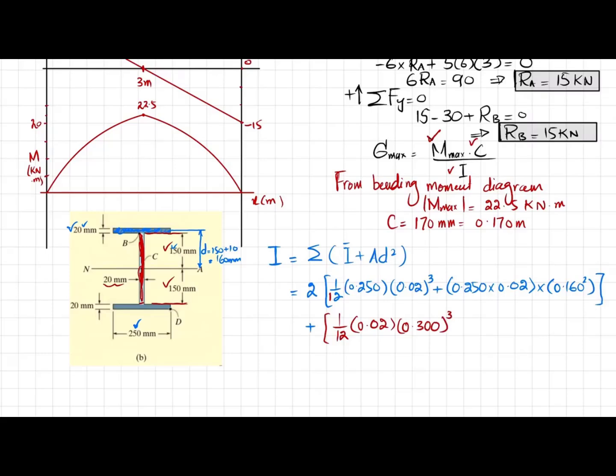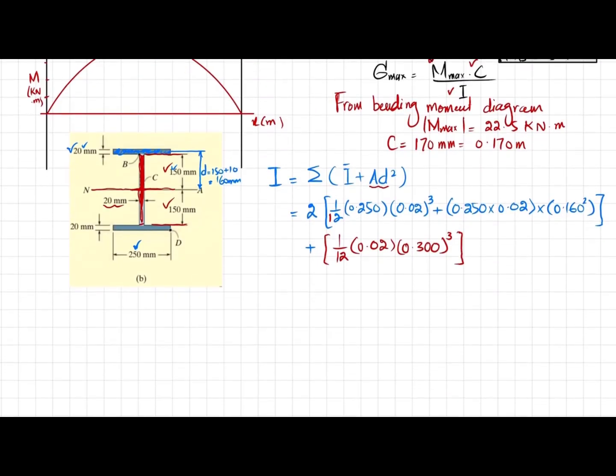We will not use AD square here, because you can see its D will be 0. The web has a midpoint over here, and this neutral axis is passing through the centroid of this flange. So D will be equal to 0. So the AD square term will be 0. So we will only be left with this thing.